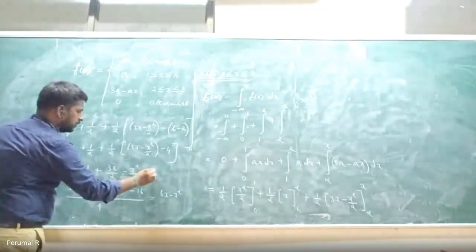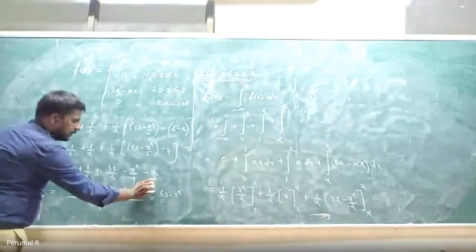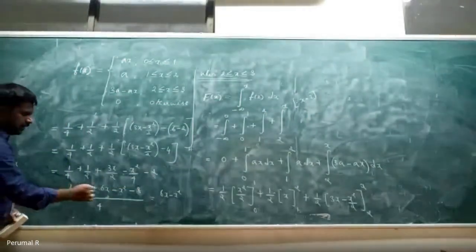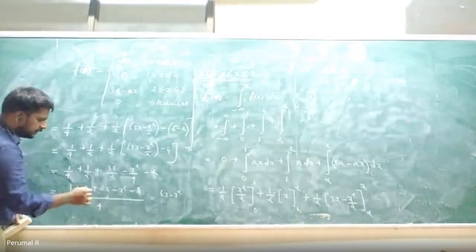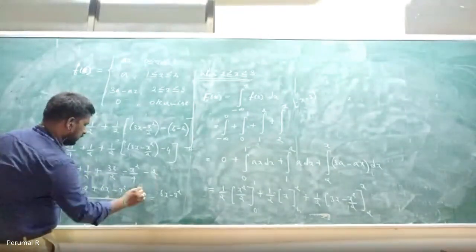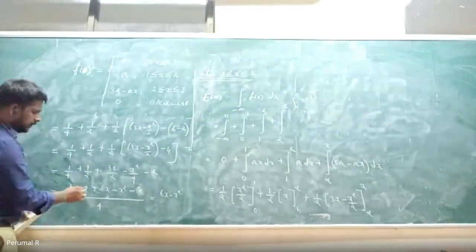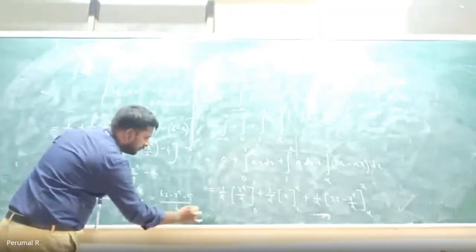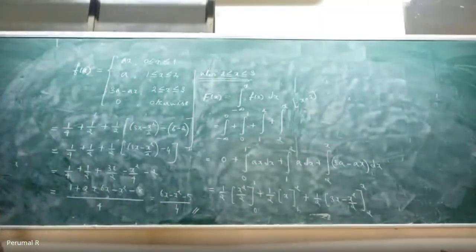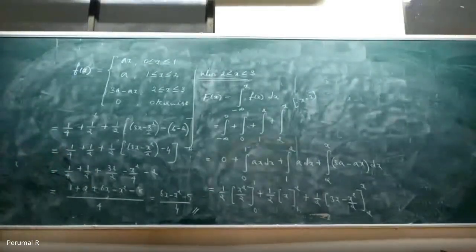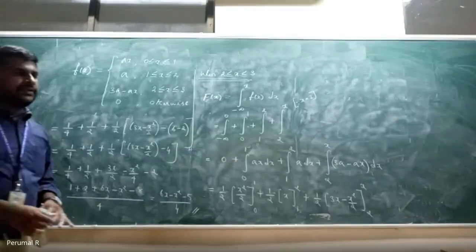So minus 4 by 2, that is minus 2. Okay, so therefore 8 minus 8. So 3 minus 8, 6x minus x square. 3 minus 8 means minus 5. So minus x square plus 6x minus 5, divided by 4. Okay, so this is over. 2 to 3 is over. Next we have to find out greater than 3.